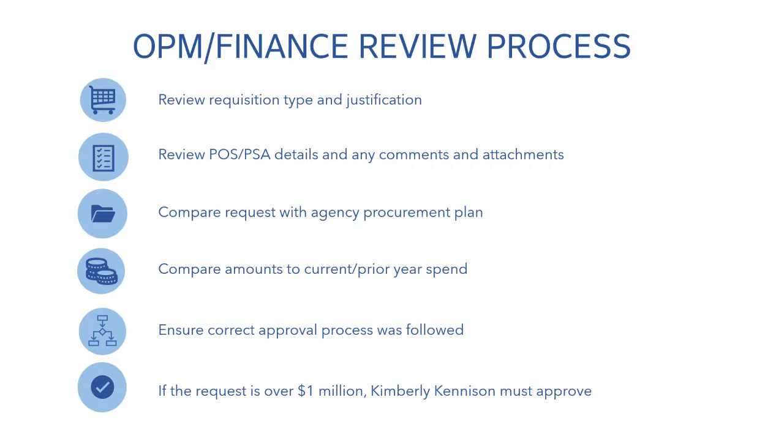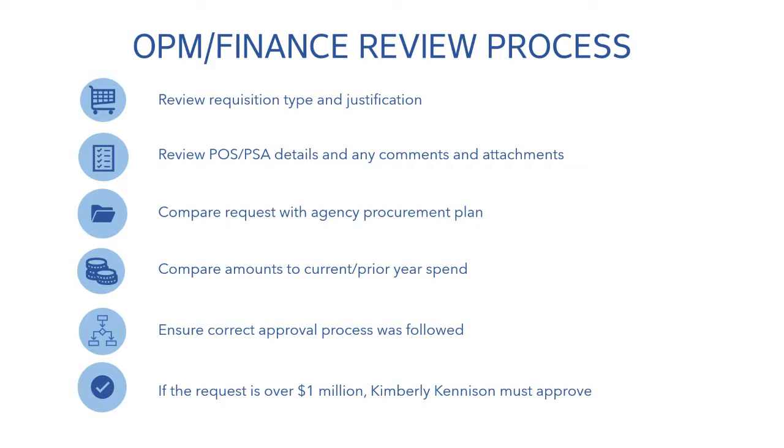From there, we open the POS or PSA details section to get some background and to look for information on previous contracts for the same service, any amendments that have already been made to this contract. We also open the line details and comment sections to see and learn more about any supporting information and documentation.